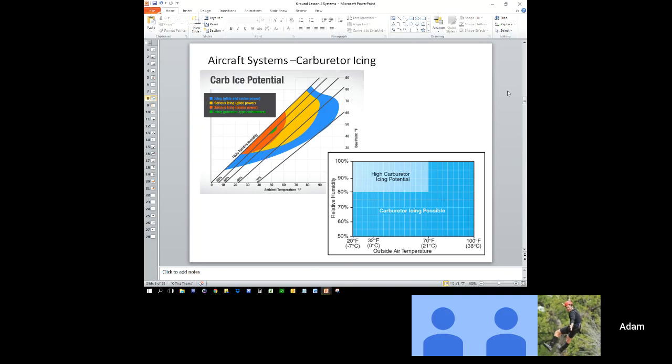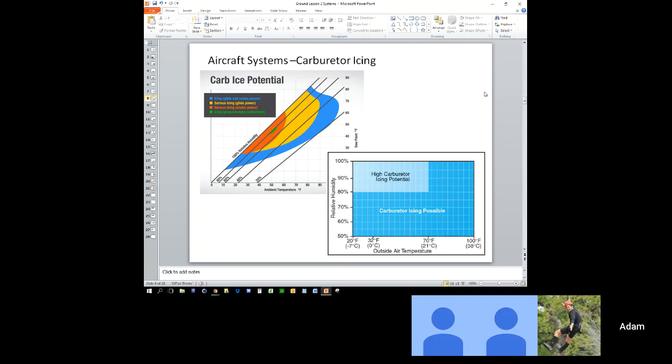But if an examiner asks you, or if a passenger wants to know, your answer is going to be high humidity, high moisture content, and anywhere between 70 degrees Fahrenheit and below. And high moisture content is 80% relative humidity and up.